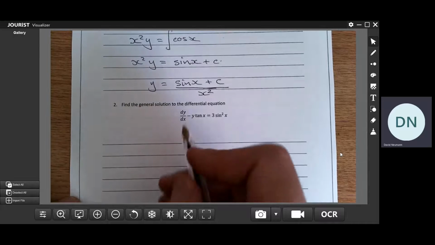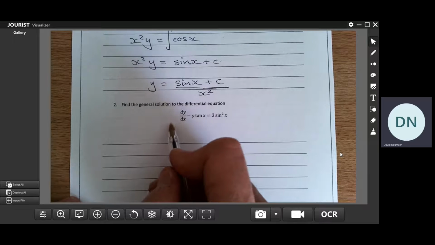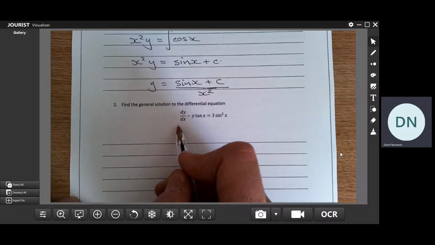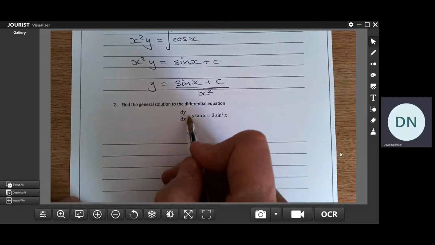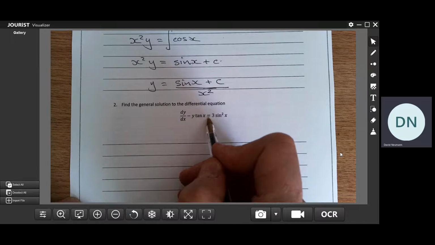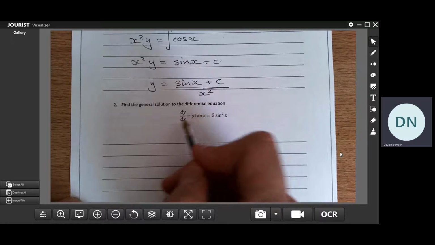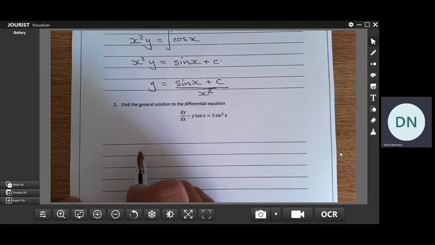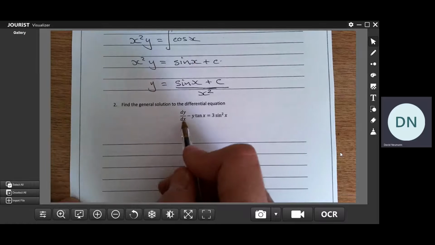So there is a general way to do this. What we're going to do is, if we don't have our equation in this form, dy by dx minus some function of x times y is equal to a function of x, then we're going to rearrange it to that as our first step. We'll see that in question 3.